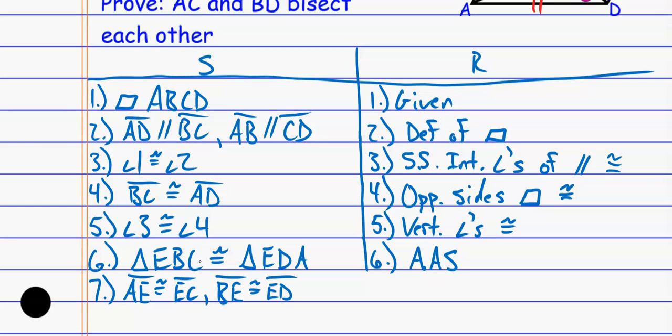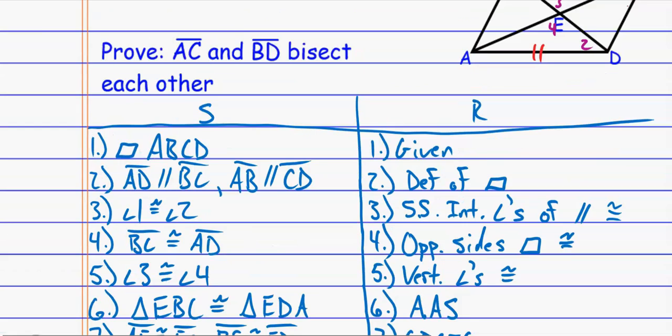And again, that's because they're corresponding parts. And so I can say all that because of CPCTC: corresponding parts of congruent triangles are congruent.